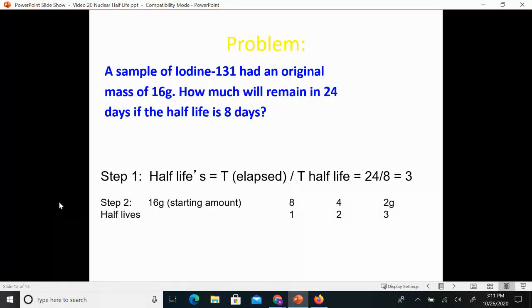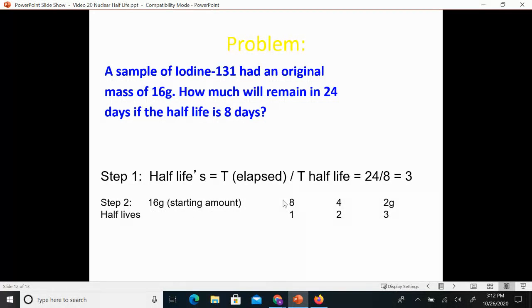So the first step you should have done is to get how many half-lives we actually went through. So you take the total time elapsed and you divide it by the half-life. So we had 24 days and we're dividing it by 8 days because that's how long the half-life is. So we went through 3 half-lives in this situation. The next step is you start with how much mass you had. So we had 16 grams to start with. We take 1 half-life.